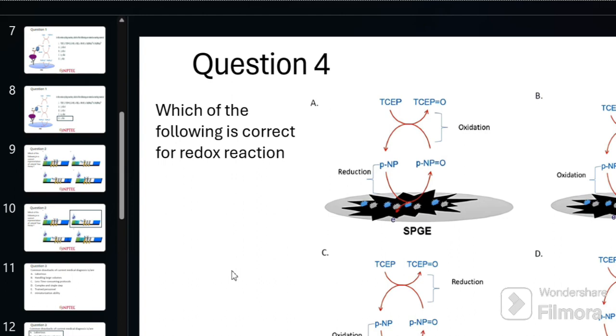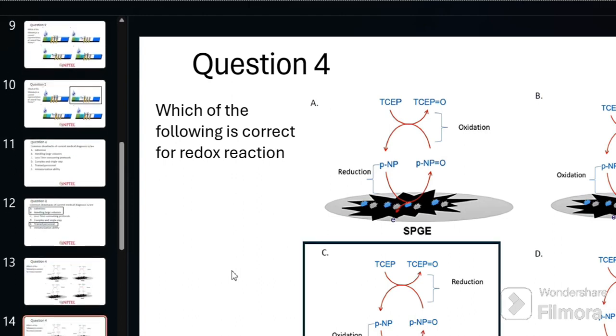Now coming to option B. Here you can see there are only two oxidation reactions, and no reduction reaction occurring. Redox stands for reduction oxidation, so obviously this is wrong.